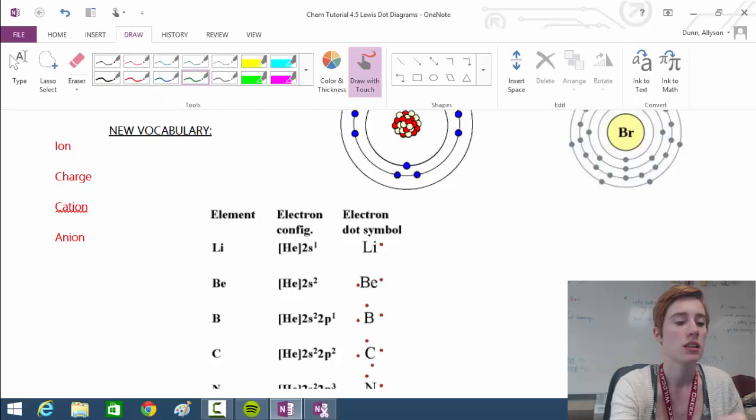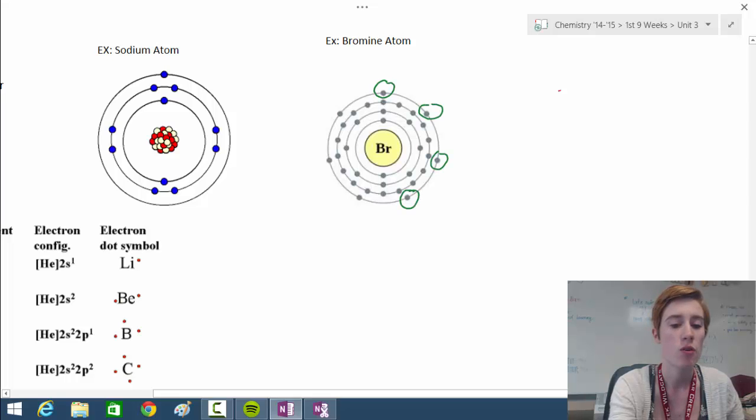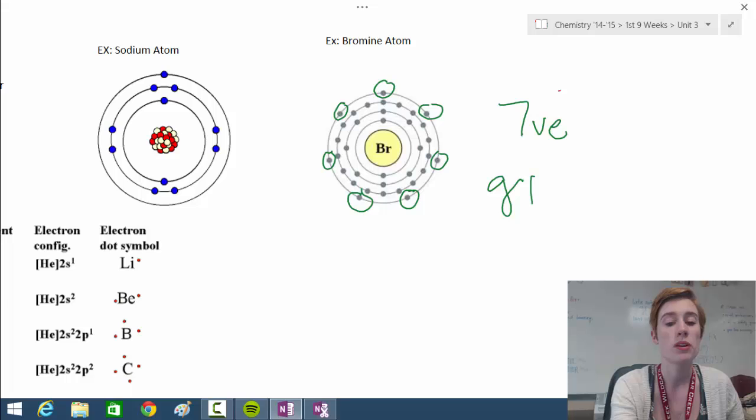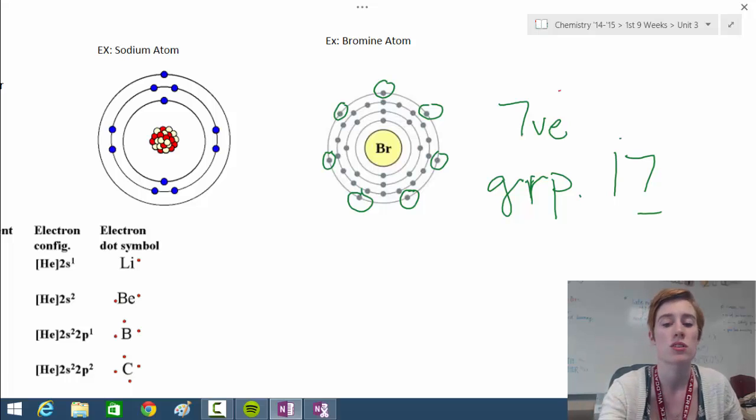For example, let's take a look at bromine, okay? Bromine has 1, 2, 3, 4, 5, 6, 7 valence electrons. If you look on the periodic table, it's in group 17, which, if you remember from a moment ago, the group number tells us how many valence electrons there are.